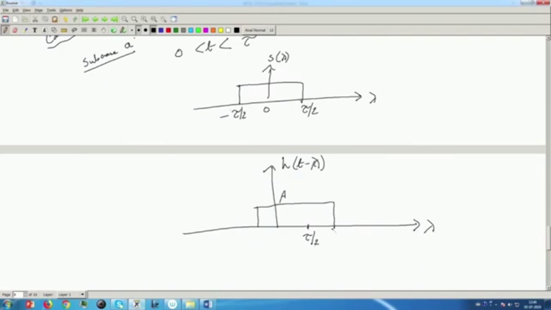This point is easily t plus tau by 2, this point is t minus tau by 2, and somewhere here will be minus tau by 2.